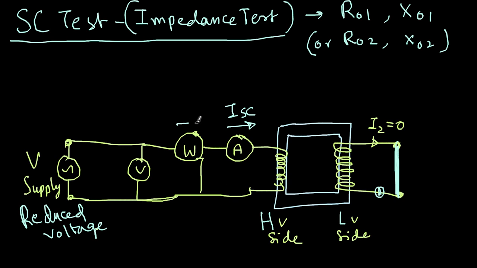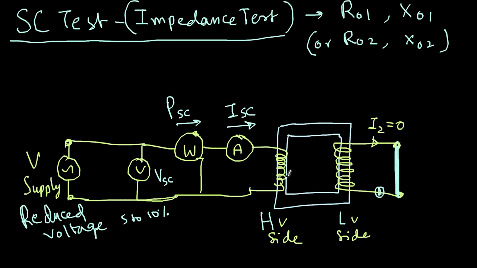Then the wattmeter power, let's call it PSC. That means power during short circuit, and then let's call this VSC, voltage during short circuit. So VSC is typically 5 to 10% of the rated voltage. So under this reduced voltage, I am sending.